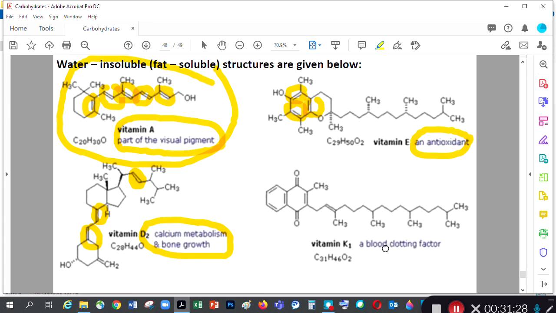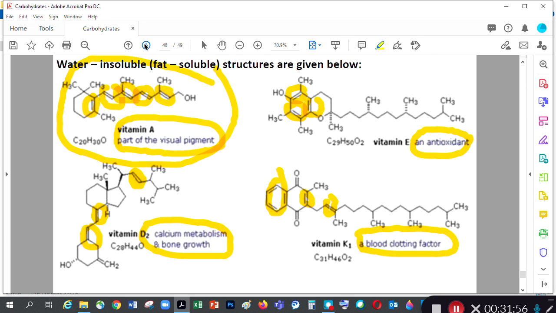And vitamin K is good for blood clotting. It doesn't allow any clots of the blood. And again it is considered an antioxidant, because you have plenty of double bonds all over the place here. And the ring as well. They can absorb any free radicals.